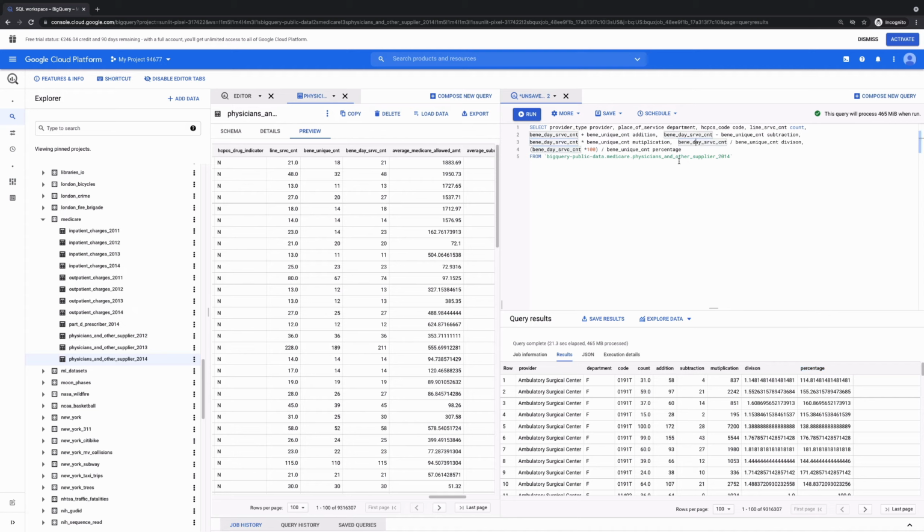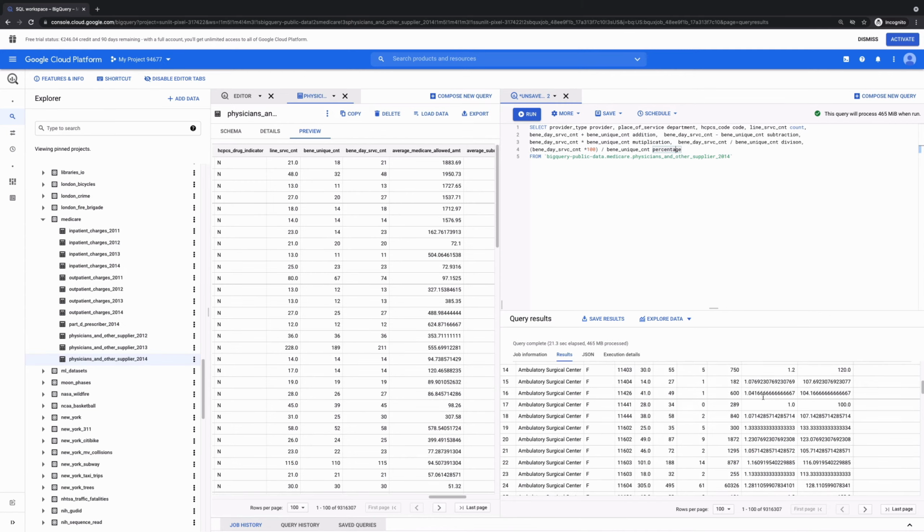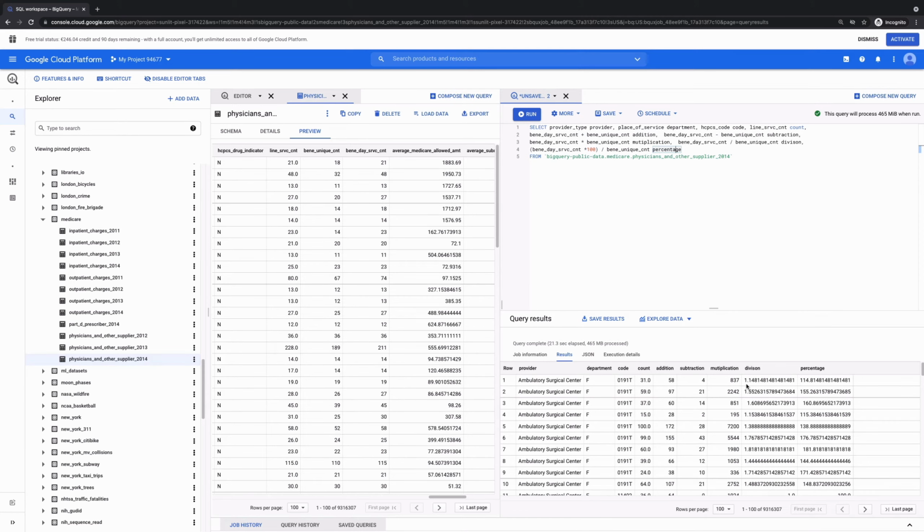Now, another very important thing we can see happening here is, especially in the case of the division, we have so many decimal places, and it doesn't really look so good.